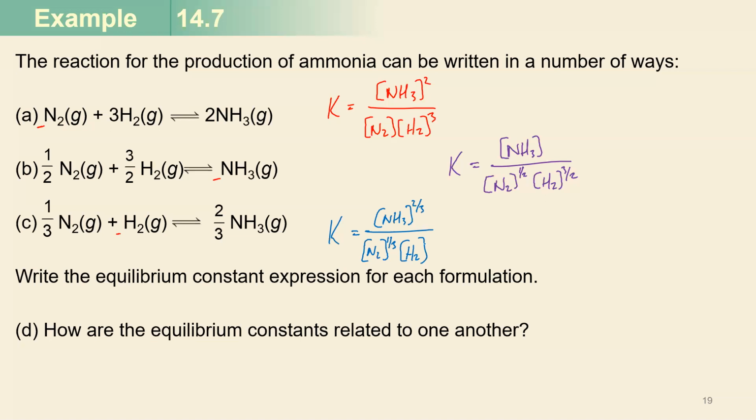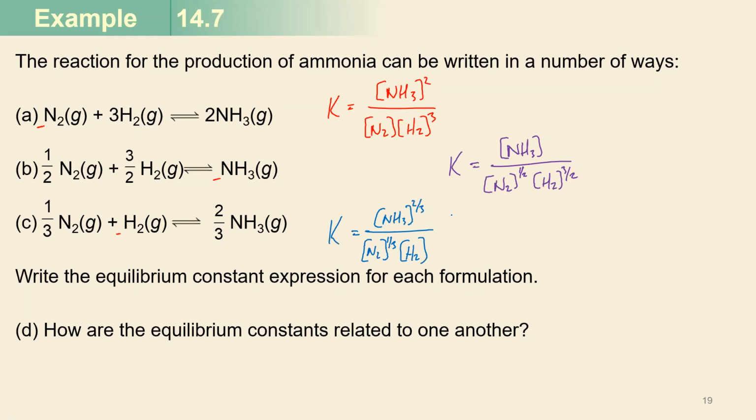Take the square root, absolutely. If we take the square root of the top, we go from 2nd power to 1st power. If we take the square root of 1st power, we get half power. That's mathematically accurate. If we take the square root of 3rd power, we get 3/2 power.